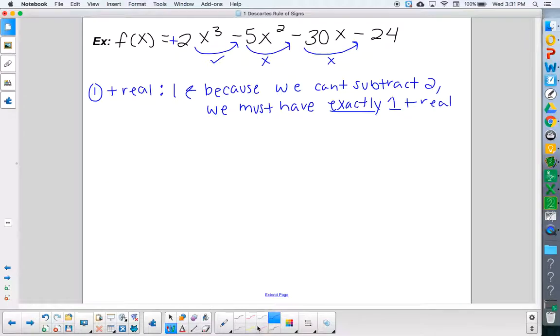Okay, so now we're going to look at negative real. For negative reals, we have to do f of negative x. All that means is I'm going to take my problem and plug negative x in everywhere I see x.